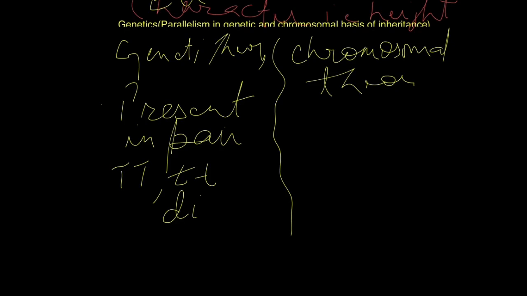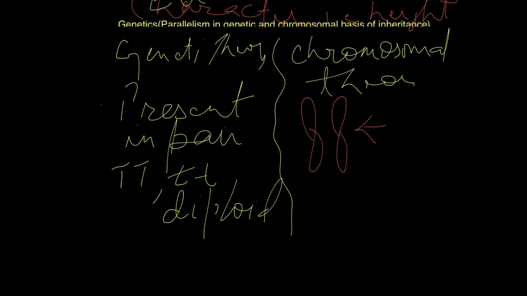Both are diploid. Similarly, the chromosomes are always present in pairs. They are always diploid except in gametes. We'll discuss it further.